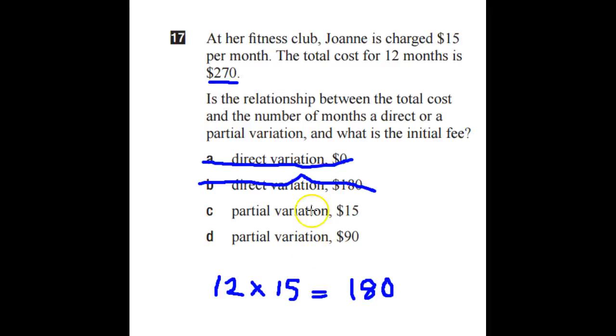So my leftover choices are, is it partial variation with a $15 or a $90 initial fee? And the answer, of course, when we say 270 minus 180, is that the initial fee is $90. And so there I've been able to figure out what the solution is. So don't just take for granted that because they're not telling you about the initial fee, there isn't one. You have to dig a little deeper to figure that out.